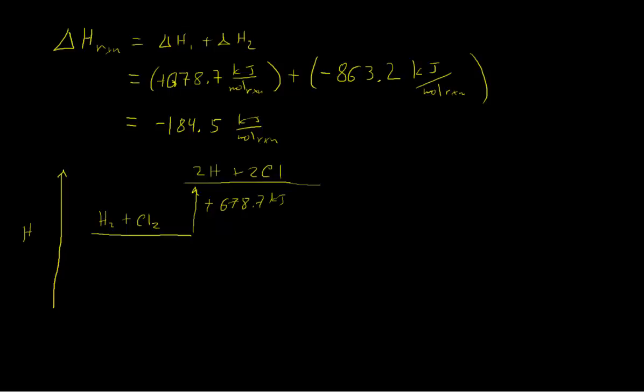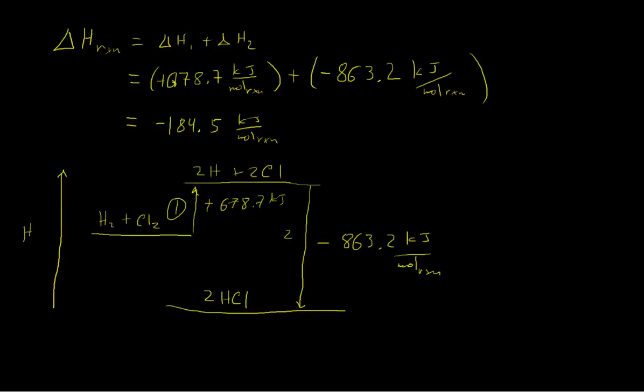Now what we're going to do is release some energy. So we're going to go all the way down here. And now we've gone downhill in enthalpy by 863.2 kilojoules per mole of reaction. And that's when we're going to have our 2 moles of HCl. All right, so these are the two steps, step 1 and step 2.